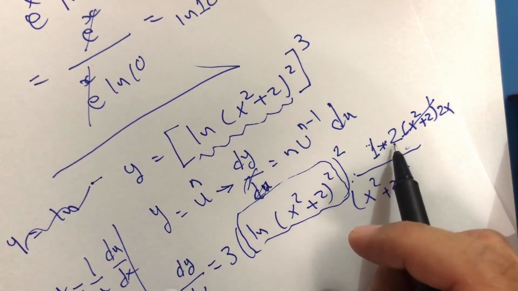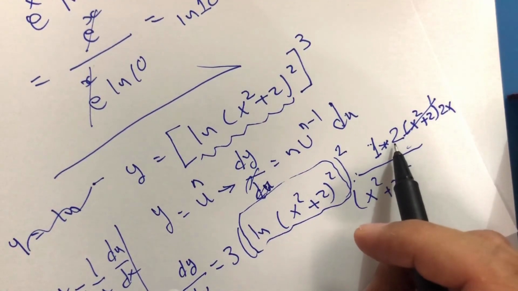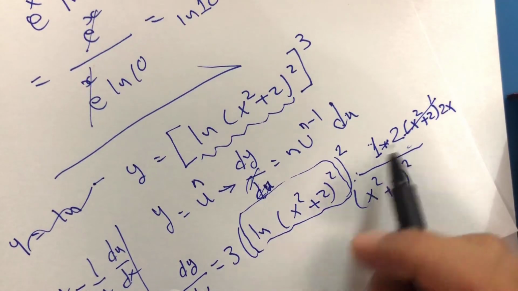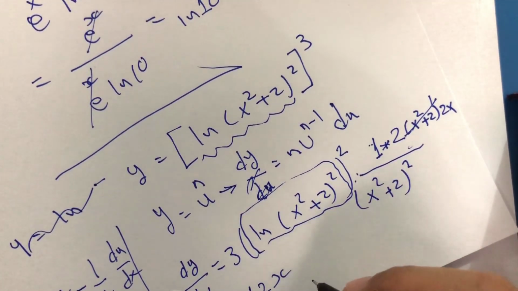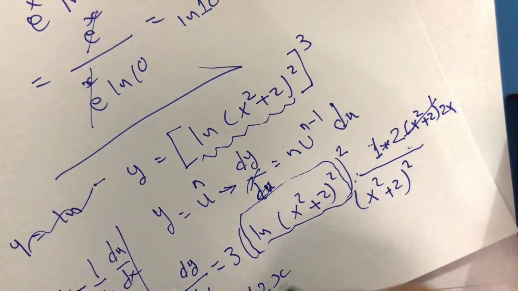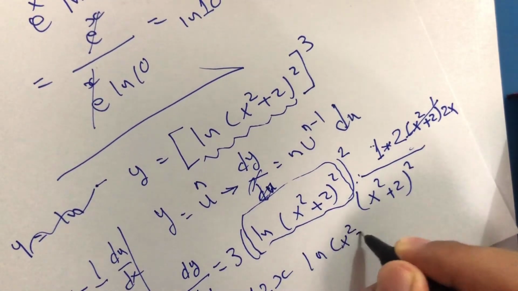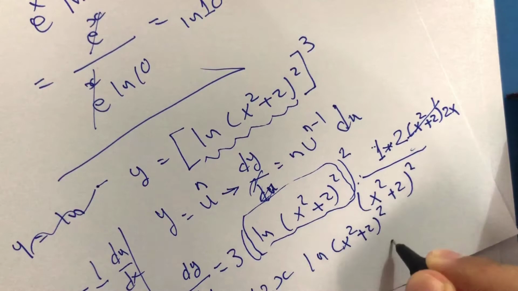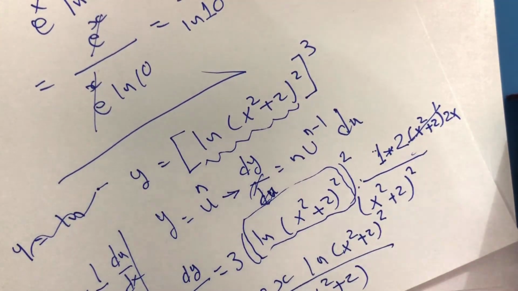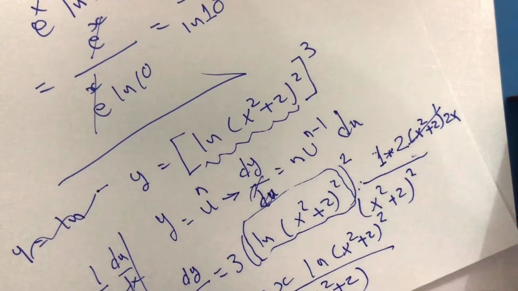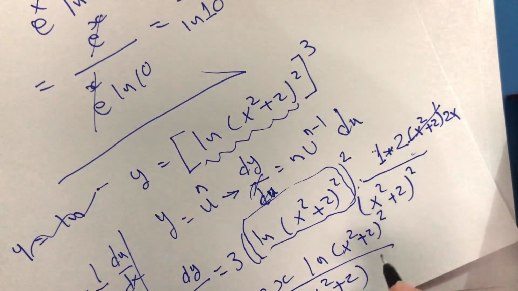This 2 can be multiplied by this 2, which is 4, multiplied by 3, so that I have 12x ln (x squared plus 2) squared divided by x squared plus 2 only, because it is cancelled with this, so I have only the power 1.